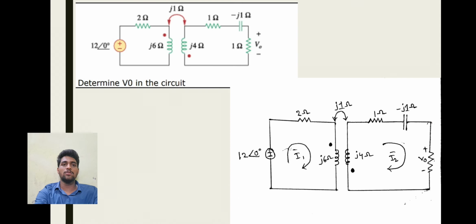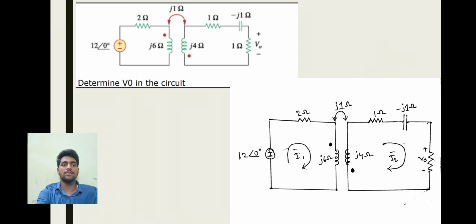This is the given circuit in which we have a resistance of 2 ohms, j6 ohms, j1 ohm and dot polarity, j4 ohm, 1 ohm, minus j1 ohm, V0 across 1 ohm, and 12 angle of 0 degrees. In this we have to determine the V0 in the circuit.